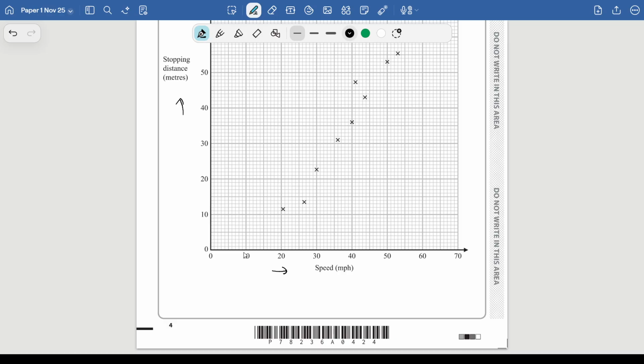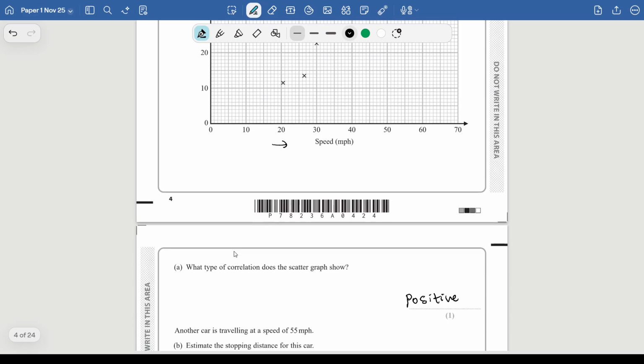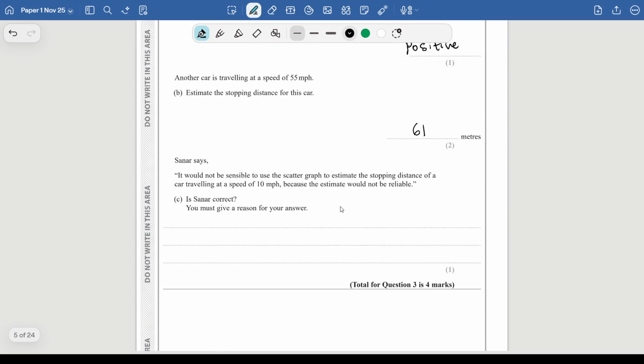Is he right? I would say yes, because we are trying to go out of the scope of the graph. So the points end here. And if we are trying to estimate the stopping distance somewhere here, we are using extrapolation, so the answer would not be reliable. So I will say yes, he is right.